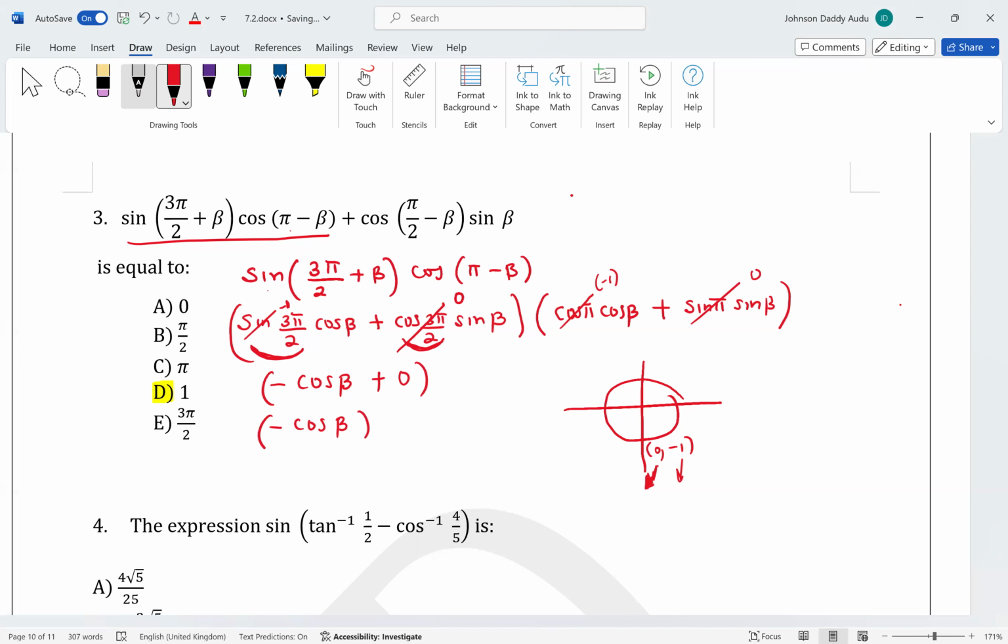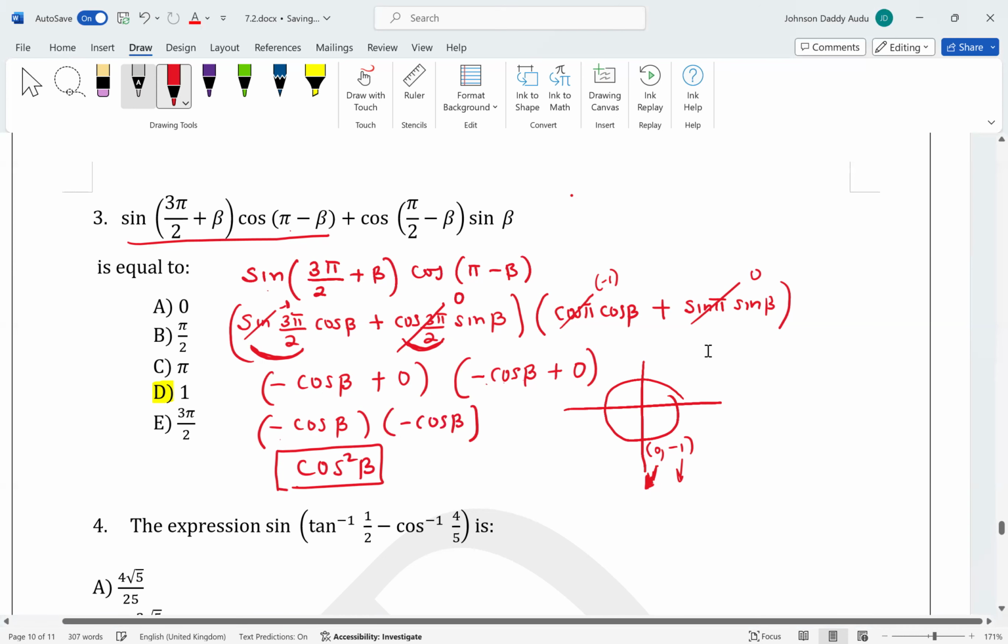This is multiplying by minus cosine beta plus 0, which is also minus cosine beta. So minus times minus cancels, and you just have cosine squared beta. Now, this is not all. This is just coming from the first term, so take note of that.